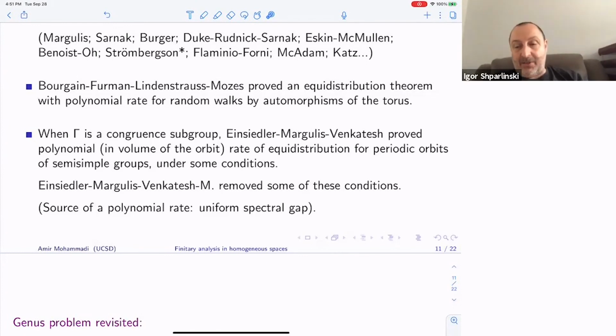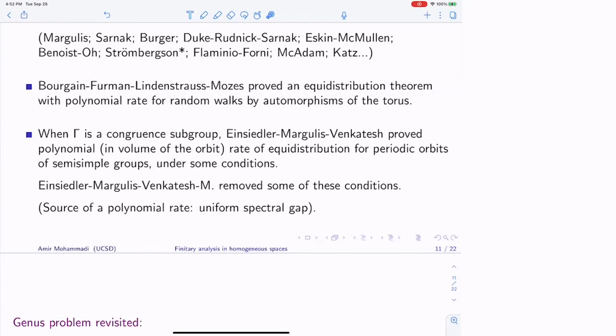Actually, I have a very generic question. Yesterday, Camille gave a talk about the Glasner problem, which feels to be of the same spirit. You also have an action of some set of matrices, and you want this orbit to be dense. That's the remark. Yeah, this Bourgain-Furman-Lindenstrauss-Mozes work can be applied to the Glasner property to study it. So I think you can also give quantitative results, because that's what I mentioned in my talk.